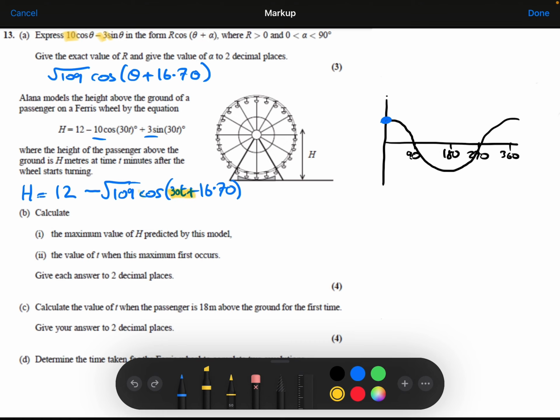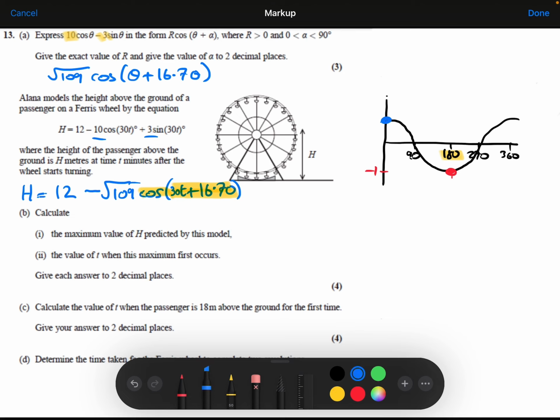If this equaled 180, I keep saying the wrong numbers today. If it equaled 180, then when I do cos, I would get minus 1.